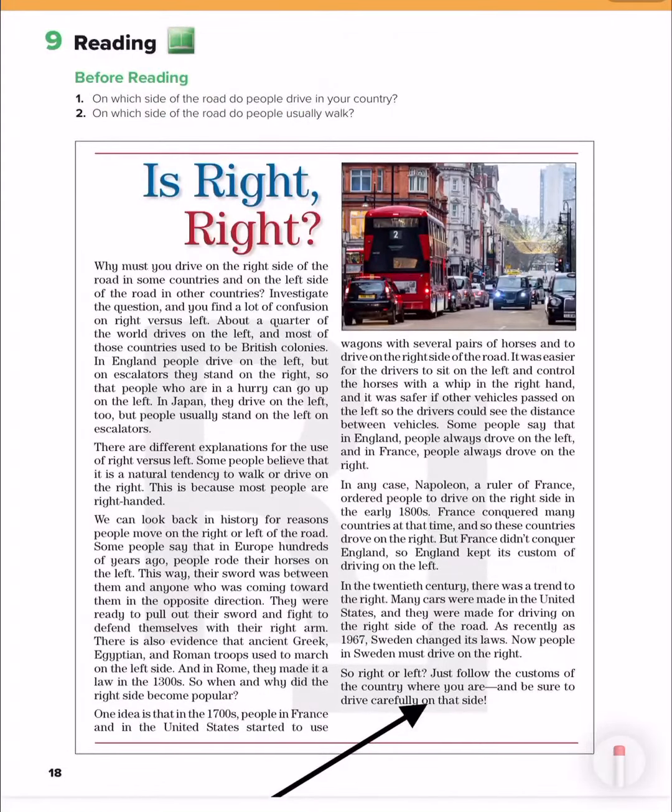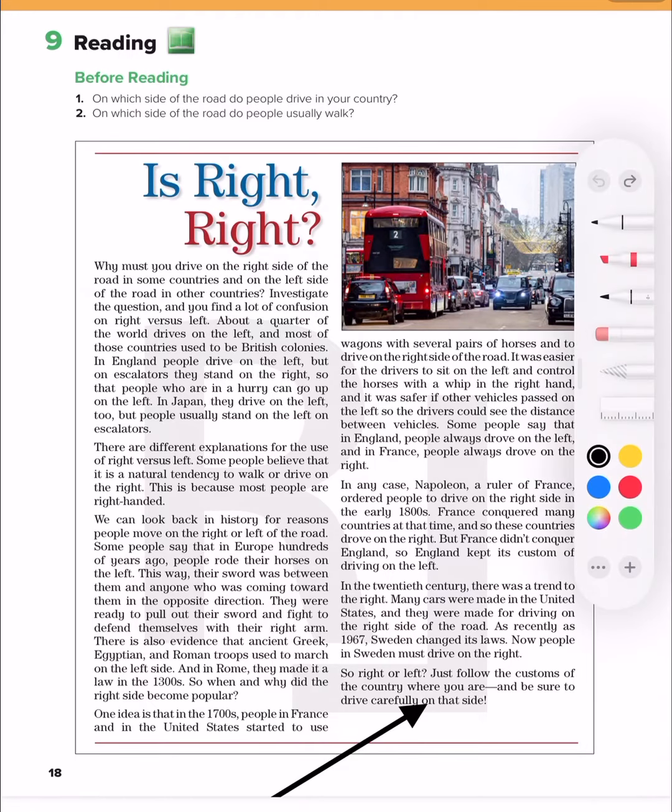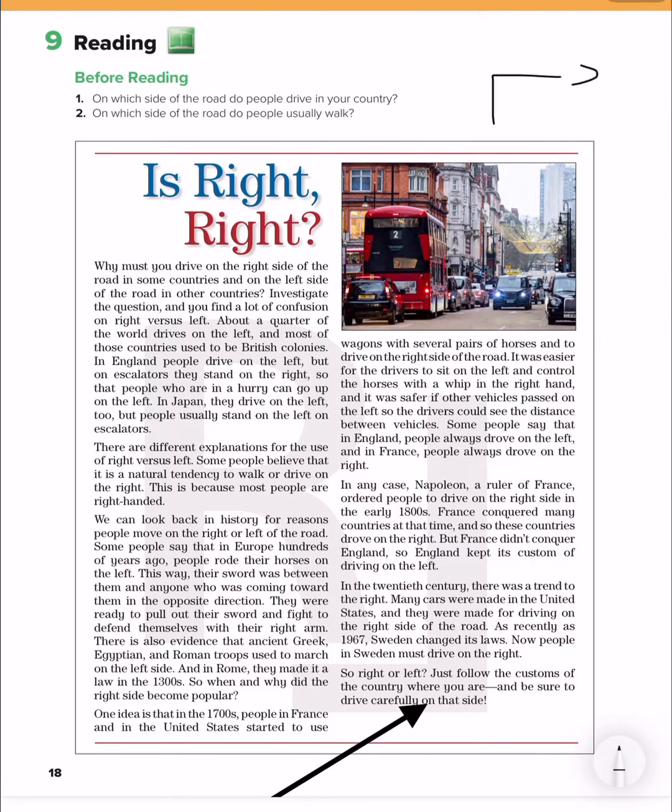Okay, my lovely students, as we know, the passage is talking about right and left. So, this is a right, and this is a left. Okay, left and right.